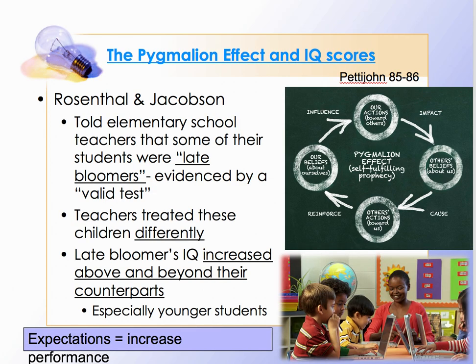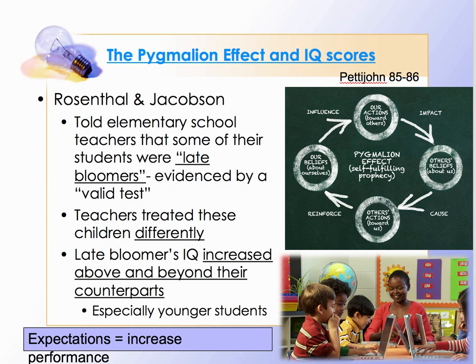Okay. So the next reading from your assigned readings for this section is the Pygmalion effect. So this was Rosenthal and Jacobson, and they went into an elementary school and told some of the teachers that some of their students would be late bloomers, and this was evidenced by a valid test of intelligence.